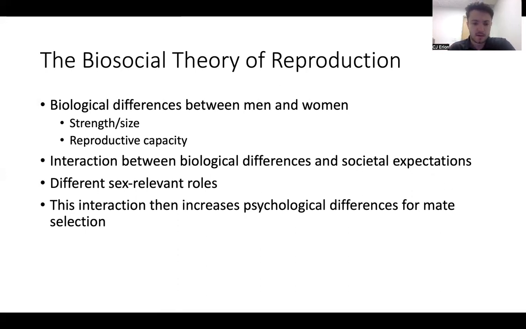And basically, based on this theory, there's an interaction between these biological differences and societal expectations, and this creates sex relevant roles. And then this interaction and the creation of sex relevant roles will then increase psychological differences and things like parenting sometimes, as well as mate selection.